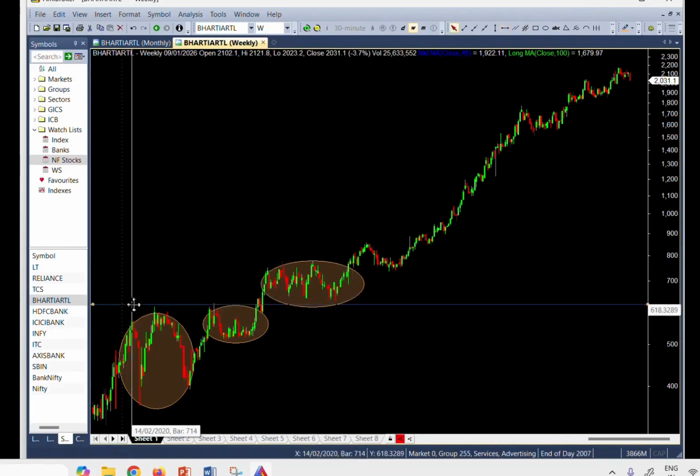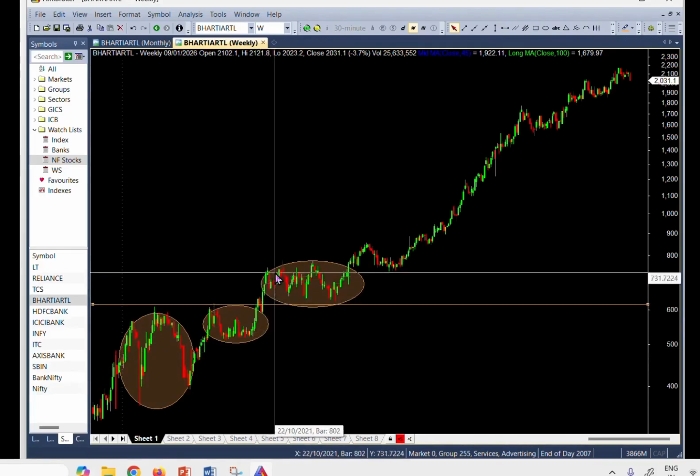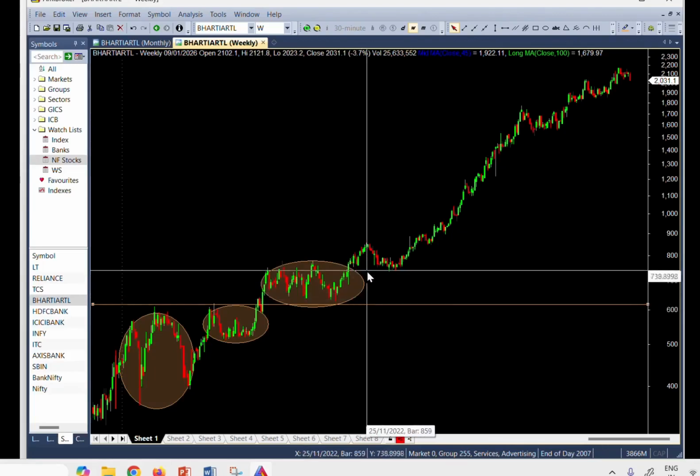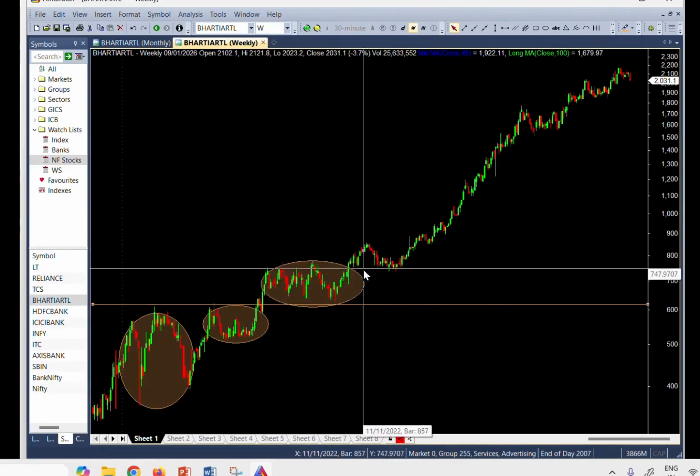The earlier resistance which it was facing until August and September 21, when it was broken, that resistance became the support line for almost 1 year, and then again it started its journey of uptrend somewhere in September October 2022.